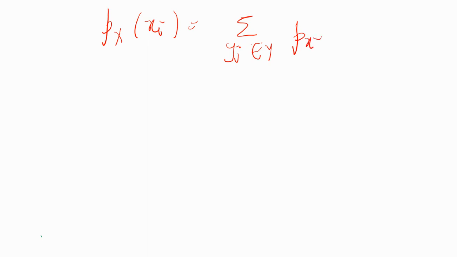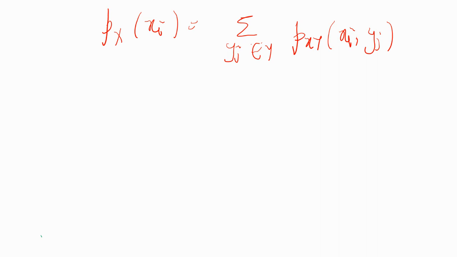Now if we want to find the marginal distribution of x or y, that is, how x changes by itself and y changes by itself, we write px(xi) as the summation over yj belonging to y of pxy(xi, yj).